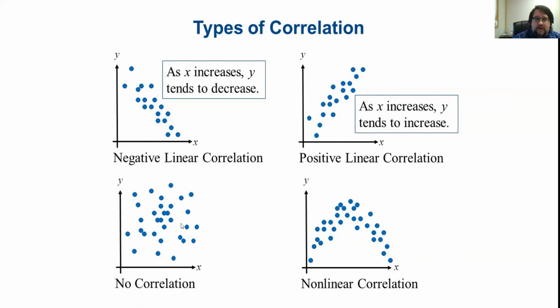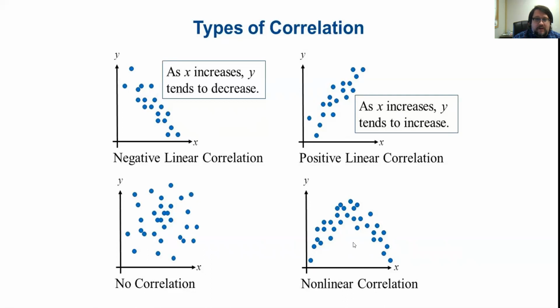And then down here on the lower left-hand side, the data is just kind of all bounced around. There isn't really a pattern to it. And so we'd say there's no correlation there. In this bottom right-hand side, we can see it's almost making a parabolic shape, maybe an absolute value. Who knows? But it's definitely not linear. It's definitely not a linear shape. So that's a non-linear correlation situation.